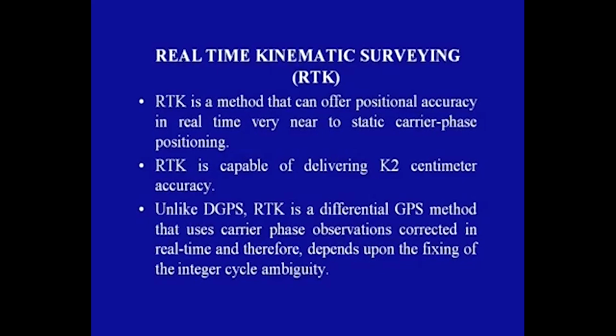RTK is a method that can offer positional accuracy in real time very near to static carrier phase positioning. RTK is capable of delivering 1 to 2 centimeter accuracies. Unlike DGPS, RTK is a differential GPS method that uses carrier phase observations corrected in real time and therefore depends upon the fixing of the integer cycle ambiguity.